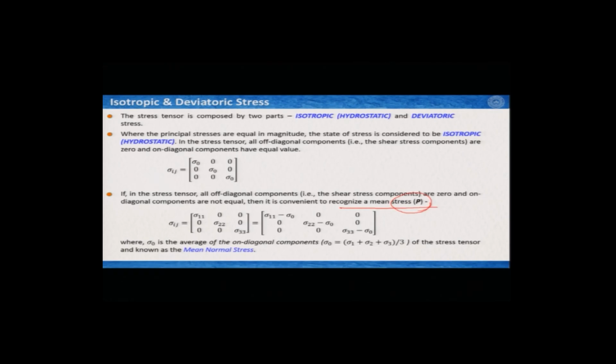A mean stress is the sum of the principal stresses divided by 3, or the average of the on diagonal components, which gives you the mean normal stress. So, if sigma 1 1 is not equal to sigma 2 2, not equal to sigma 3 3, in that case I can sum them and then divide them by 3, and therefore, I get sigma 0, and this I can separate out and then write the stress matrix in this way.